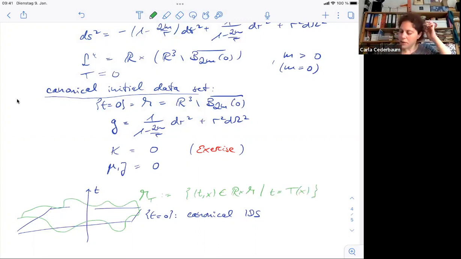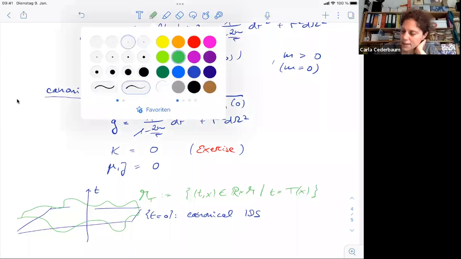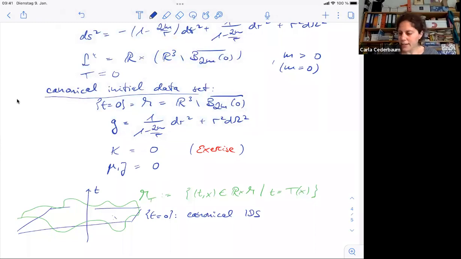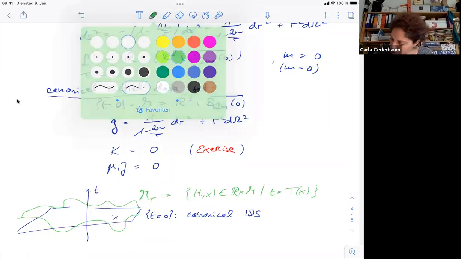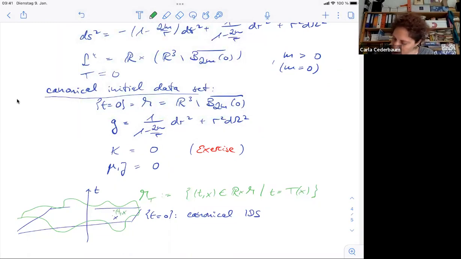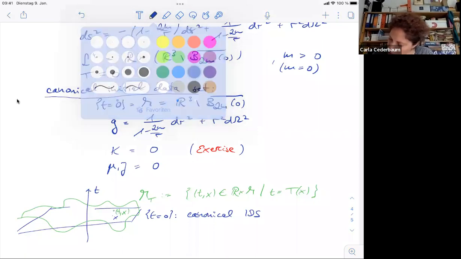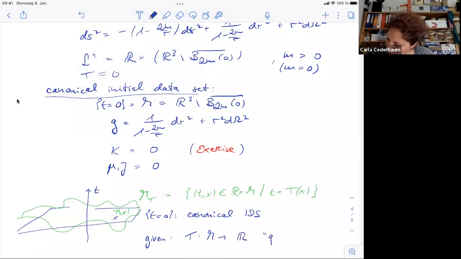Now I'm going to call these points in this canonical initial data set x. And then I'm looking at points of the form (t, x) for some t, and one of these points x in the initial data set, such that the time coordinate t is exactly a given function capital T of x. So here, this is given to me, T from M to R, it's called the graph function.